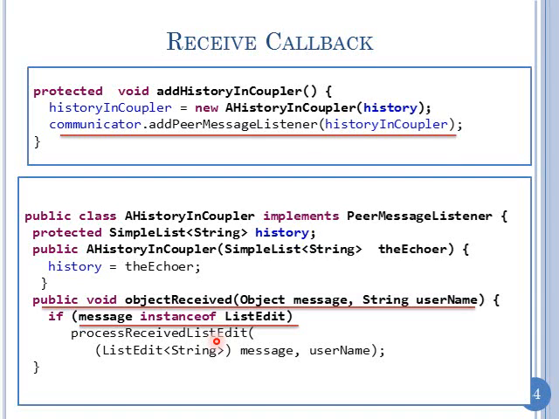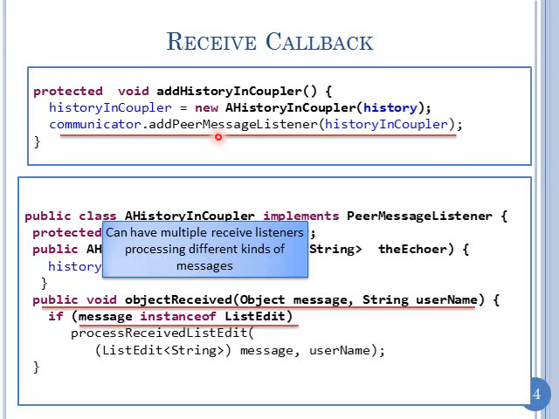So you basically define different kinds of listeners that say, okay, I'm expecting this kind of message, so I'll process that message, and I'll leave all other messages to other kinds of listeners. Okay, so in the communicator, you can add multiple peer message listeners, not just one. You can have five different listeners. So you can have multiple listeners.